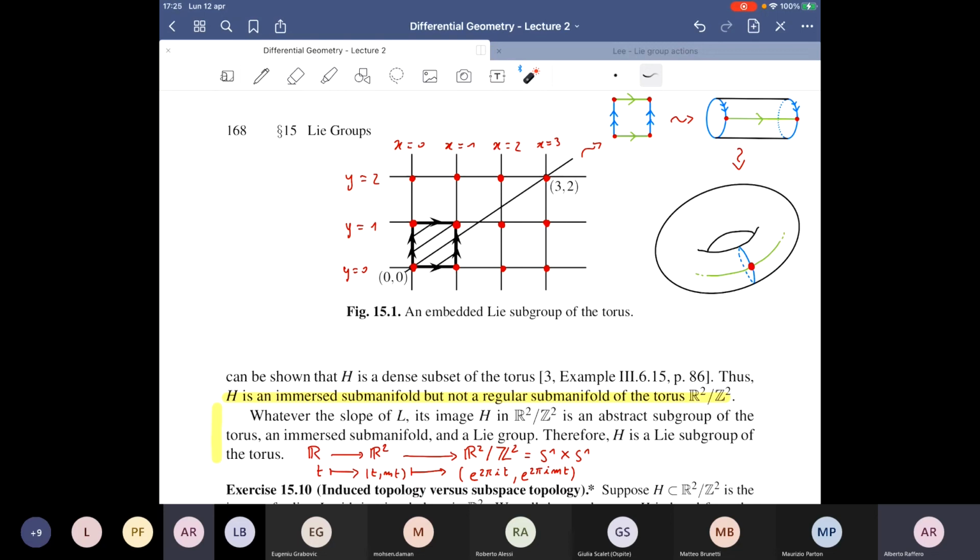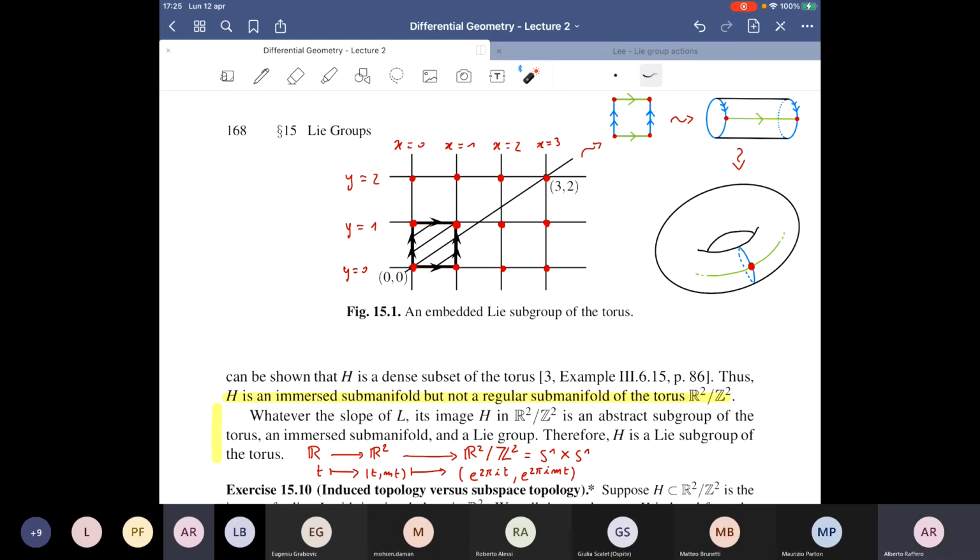So in particular, by means of this identification, these red dots you see here in the image represent the same point on the torus, since they differ by an integer. Every point inside this square is a unique point of the torus, while the points on these two vertical lines and the points on these two horizontal lines are identified with each other.